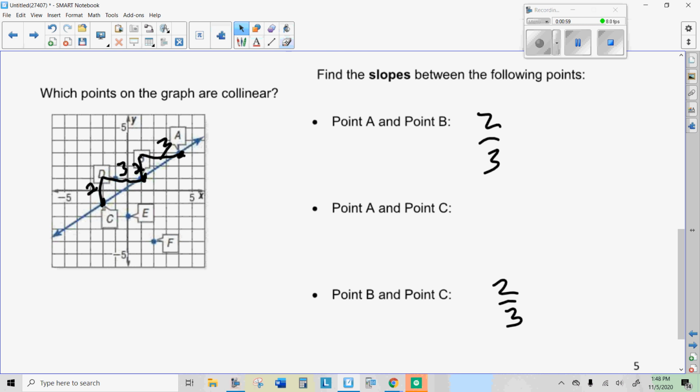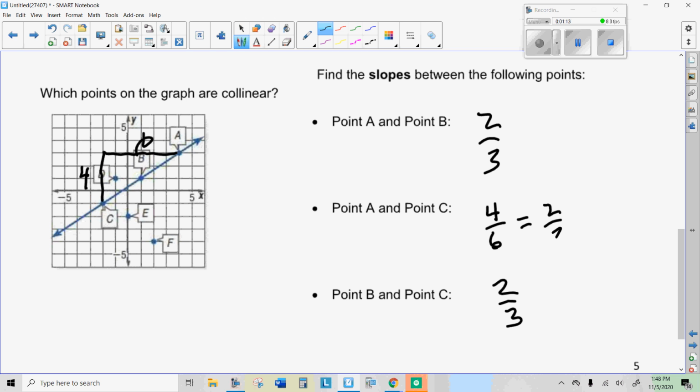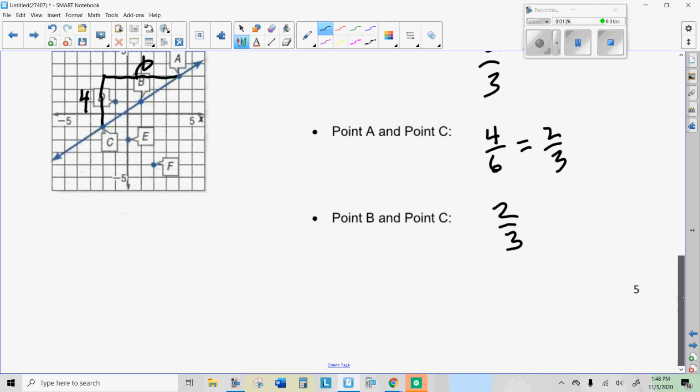And between A and C, the rise over run is 4 over 6, which simplifies to 2 over 3. So you can see that if 3 points line up, their slopes between those points have to all be the same. Okay, so that's going to be our goal: to use slopes to tell if points are collinear.